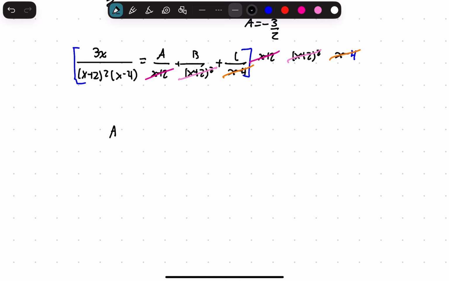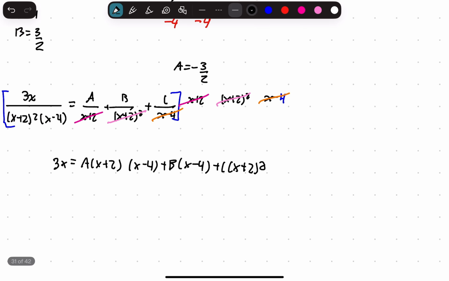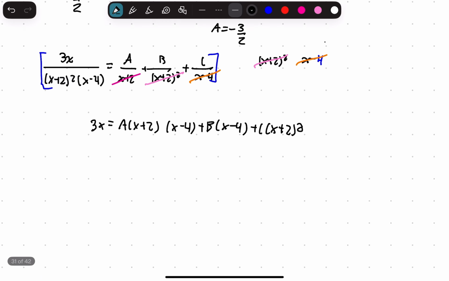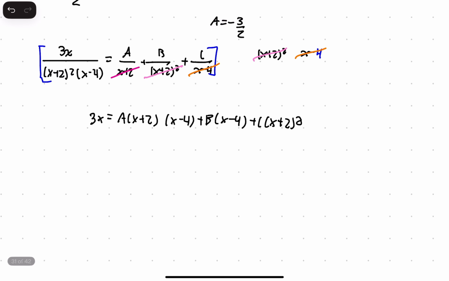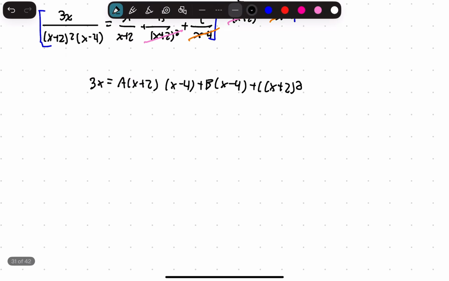So we're going to have 3x is equal to a times x plus 2, x minus 4, plus b times x minus 4, plus c times x plus 2 squared. Now, oh, you actually don't want to multiply it by that. You just want to multiply it by these. How did I realize that's a mistake?